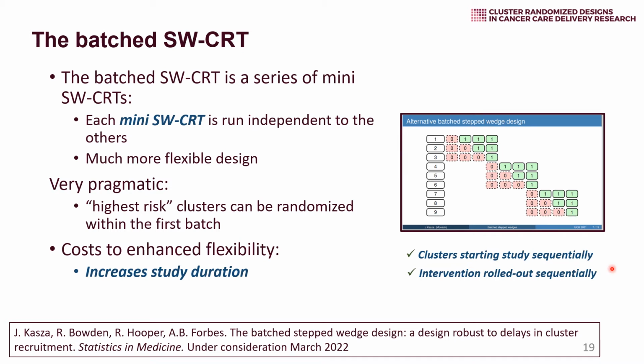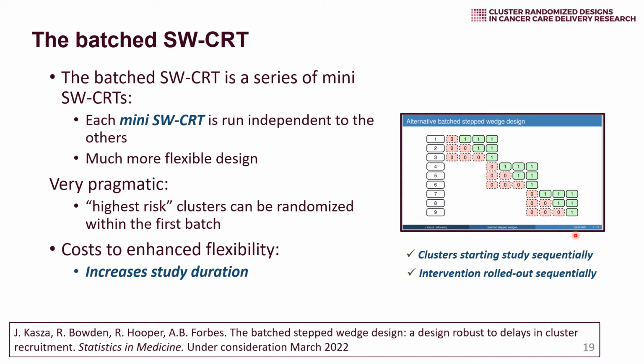So imagine that you're working with some stakeholders who find this intervention very appealing, even though it has yet to be evaluated. But nonetheless, because stakeholders find this intervention very appealing, there is a strong desire for what we might call the highest risk clusters to get the intervention first. So stakeholders want these highest risk clusters to go in the first batch of the rollout.